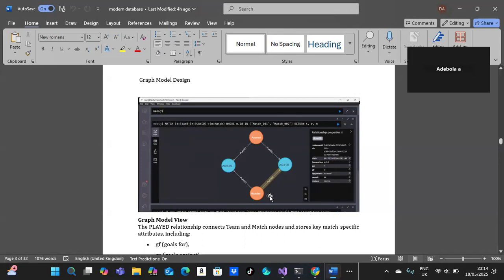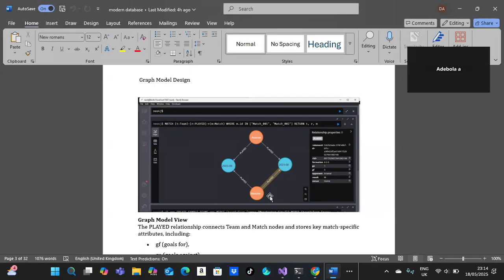This relationship stores match specific properties like goals for, goals against, the result of the game, the venue, the formations, and so on.